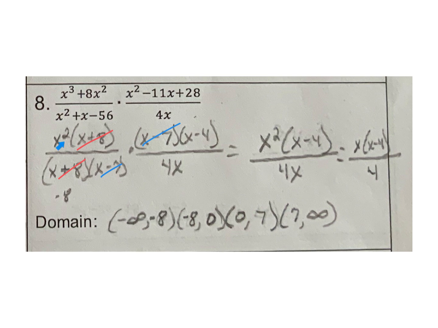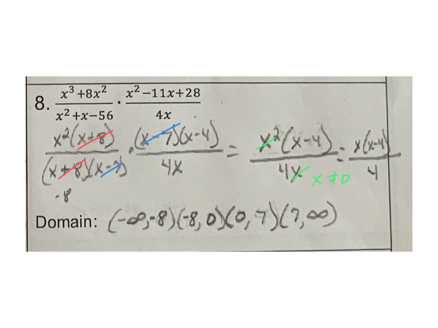All right. And then when we multiply, we just have x squared times x minus 4 divided by 4x. Now, here, when we continue to simplify, we do cancel out an x from this one, and then an x here. So that means x cannot equal 0.